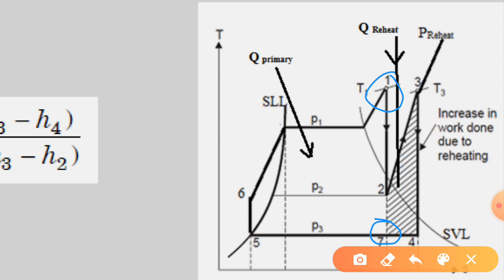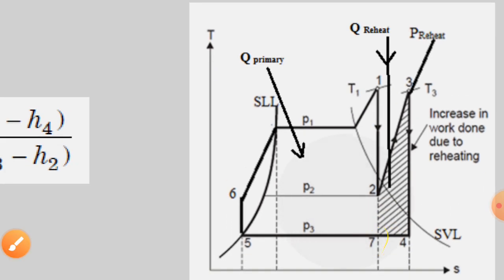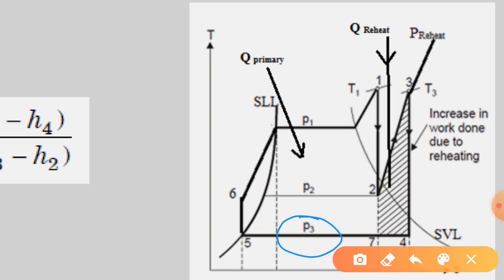So then again, without reheating, if turbine expansion is between 1 and 7, the change in enthalpy in the turbine stage is H1 minus H7. So H7, as per our previous discussion, at condenser pressure P3, the HF value at state 5, state 7, state 4 are same.